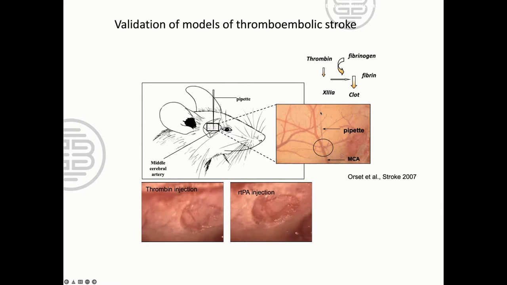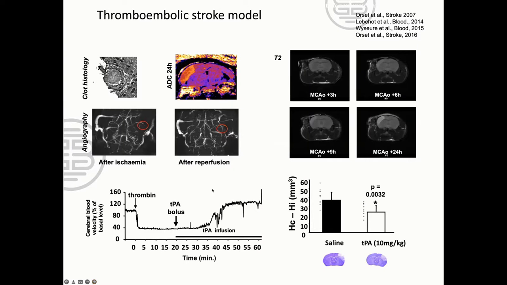So basically here we use a seamless pipette that we can insert in the middle cerebral artery, and we can infuse thrombin. And thrombin is a protease which is involved at the origin of the cascade of thrombosis. And just the local injection of thrombin leads to a clot formation, in situ clot formation, mimicking the clinical situation.